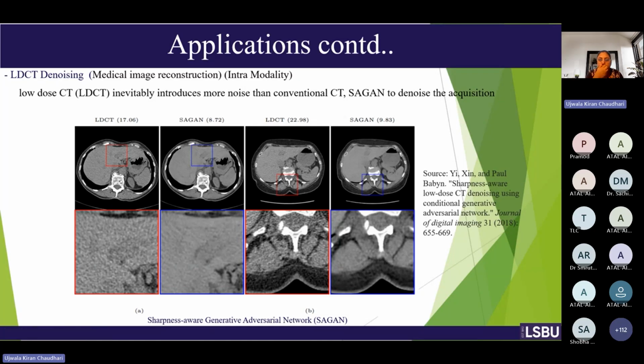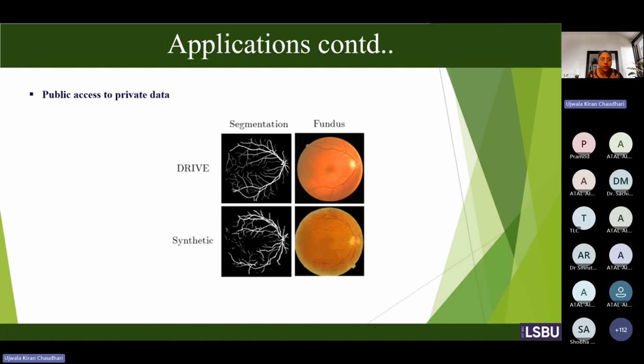So this is image reconstruction, when we denoise the acquisition. We capture with the low dose, but then we try to give the same resolution and same quality as that of the high dose. So we can do such pre-processing and improve the quality of the image. This is also a kind of pre-processing, we could say.